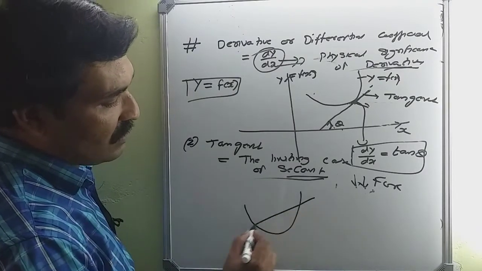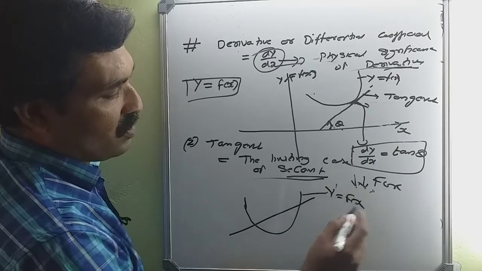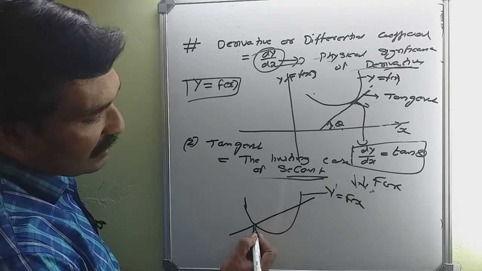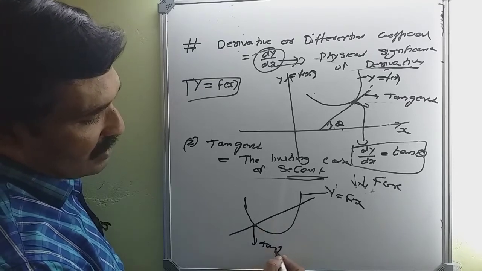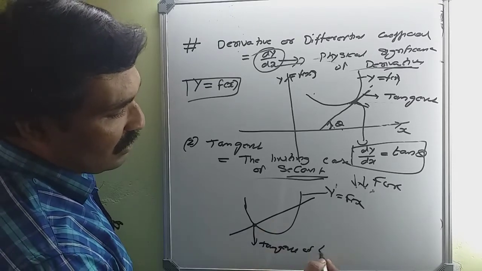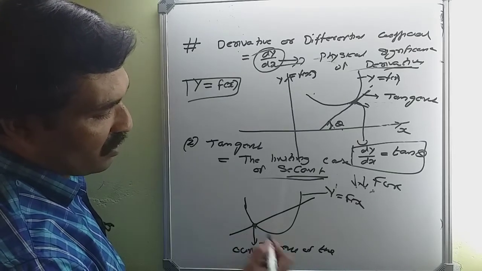So this is our secant. This is our curve y is equal to f of x. Now we want to find the tangent of the curve at this point.